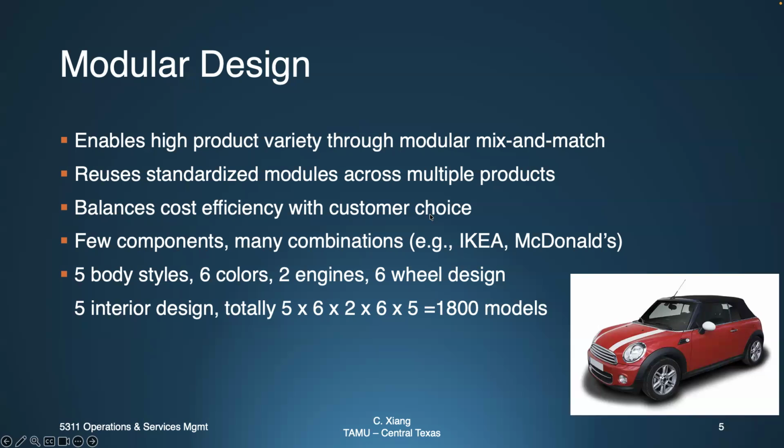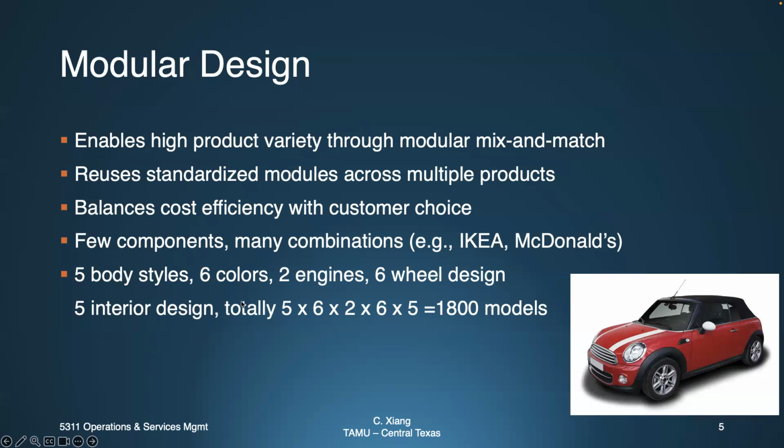A relatively small number of components can generate a large number of product combinations. Common examples include IKEA furniture, which is highly modular, and McDonald's menu items, where many different combinations are created from a limited set of ingredients. Customers experience variety, while operations benefit from standardization.